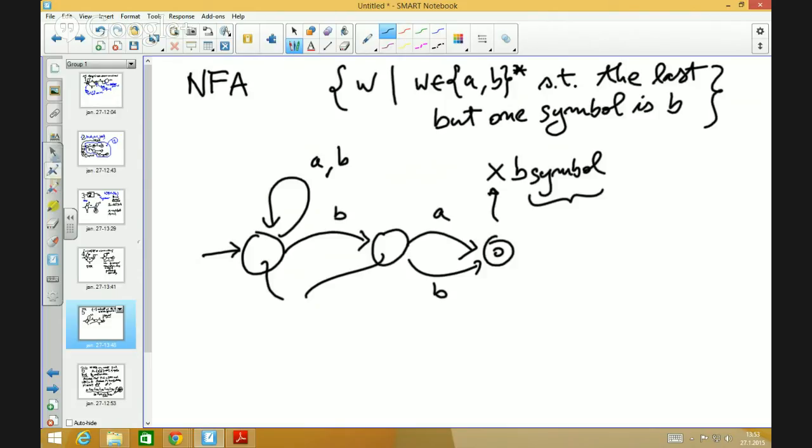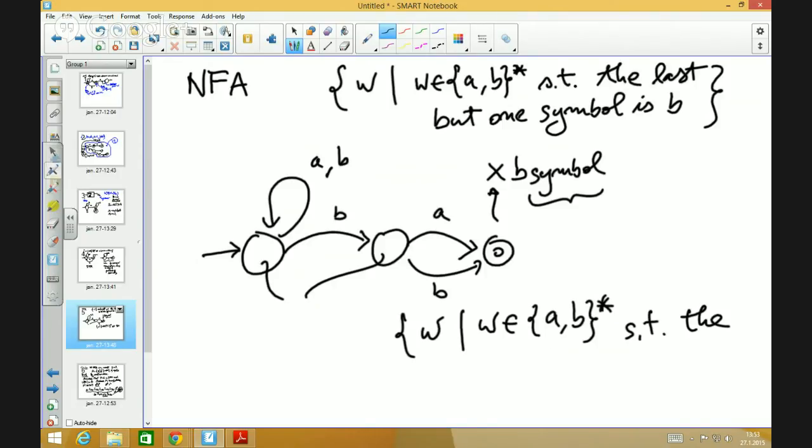Now, it can be shown that no DFA with less than 4 states can actually recognize this language. If instead I wanted to recognize this language here, such that the third symbol from the right is B, it would be a piece of cake for you to build this automaton using the power of non-determinism.